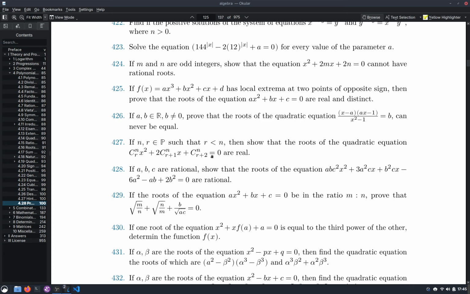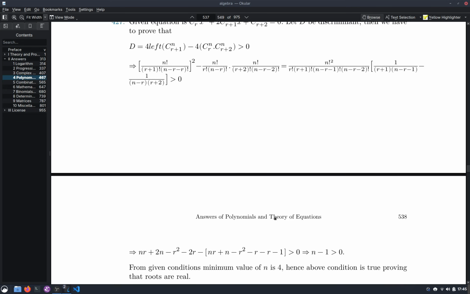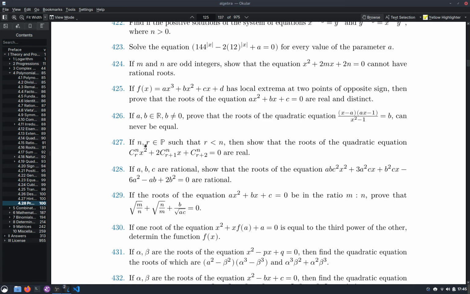Okay. Now we come to, so the question is, how do we know that the minimum value of n is 4? So that should be a valid question. Now if you look at this equation, these are positive numbers, okay? So r is given as less than n.